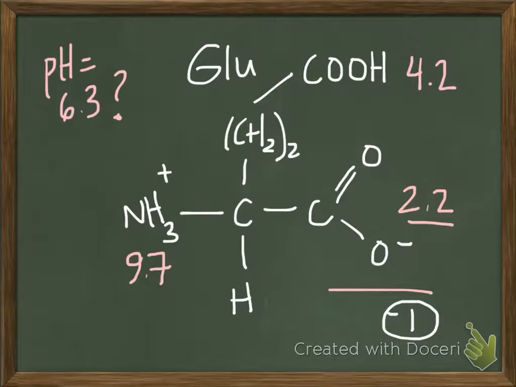Going to the next group, the pKa is 4.2, and that's 2 pH units below the pH. So by the time that this molecule gets to a pH 6.3, it will have gotten completely deprotonated as well, leaving a negative charge.